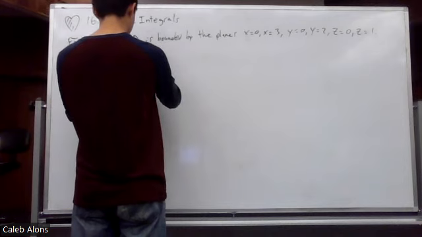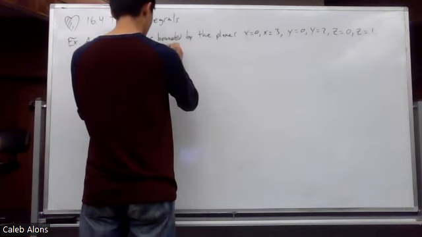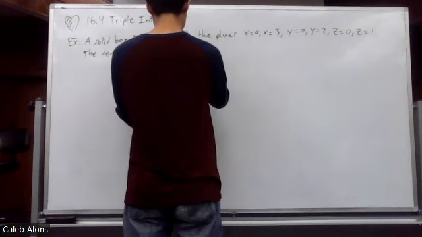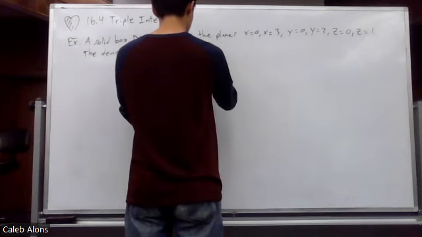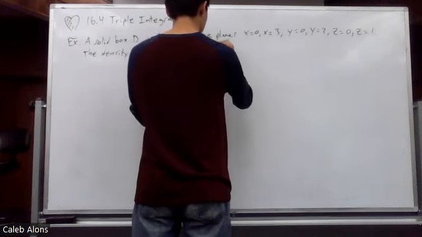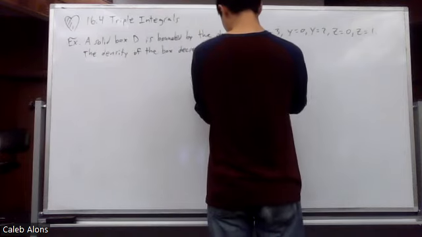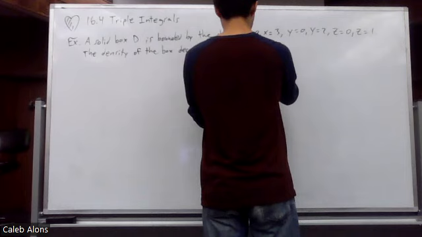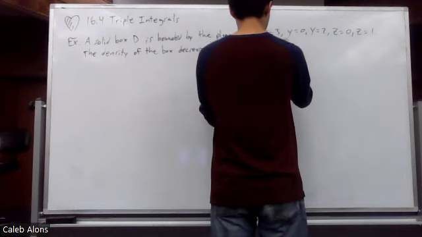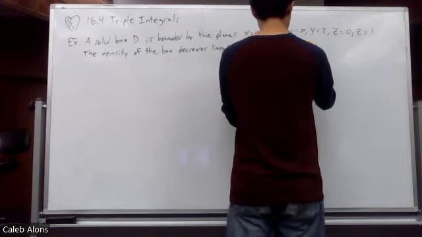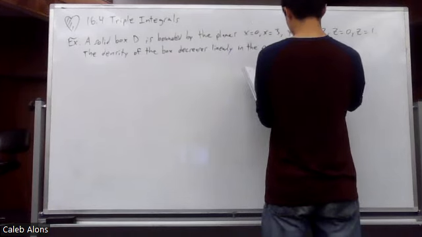The density of the box decreases linearly, just for the sake of example, in the positive direction.